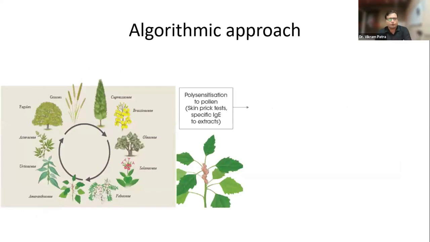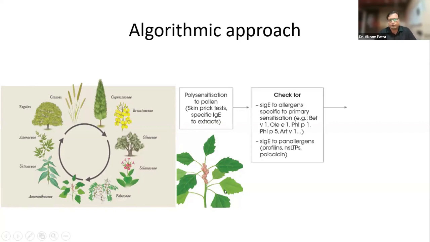Now the algorithm approach for polcalcin. When you get this kind of polysensitization to pollens, the skin prick test will come positive to tree pollens, grass pollens, as well as weed pollens. The next step, what we should do, is check for the serum specific IgE to allergen components.